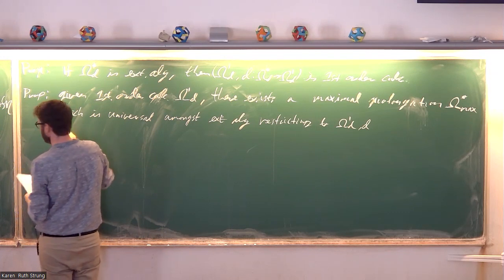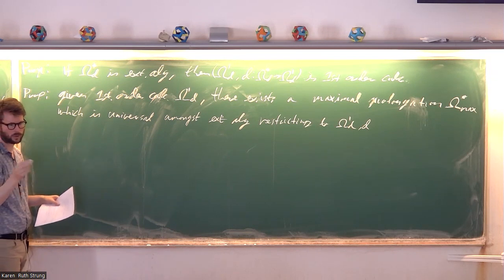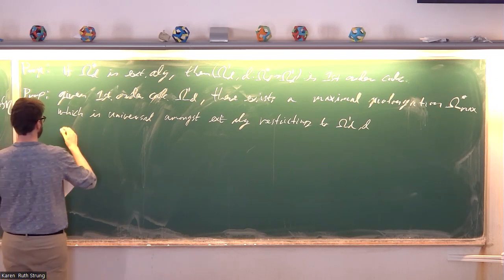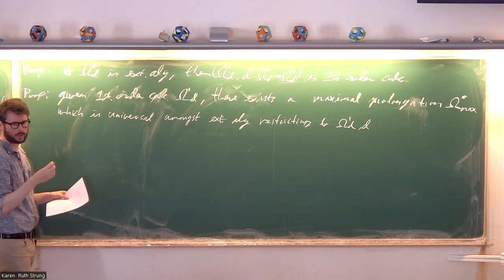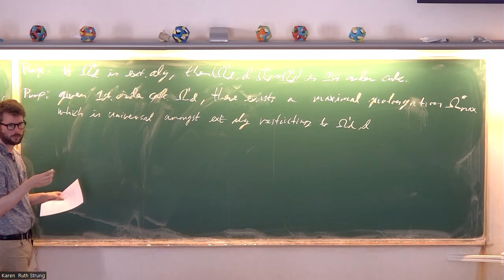And this is given by taking the tensor algebra, which we just defined, and quotienting it out by a certain differential ideal. And this ideal is the minimal one that we can take in order to have the graded Leibniz rule be well defined.